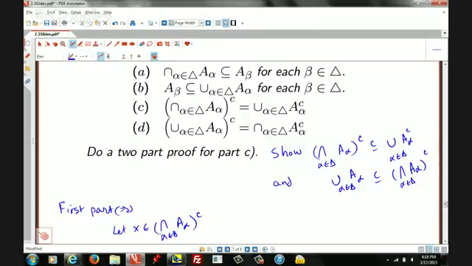Yeah, the first part, if you let x be in the complement of the intersection, where does that tell you x lives?